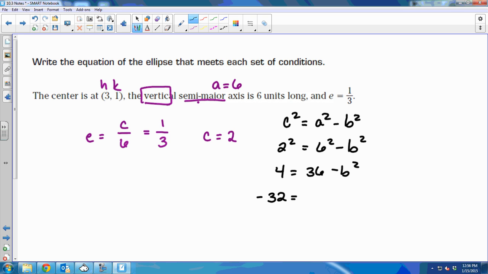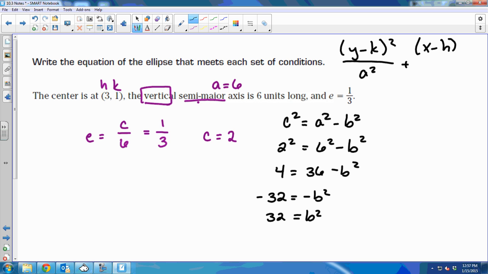So negative 32 equals negative b squared, so 32 equals b squared. So I'm going to write my equation for a vertical ellipse. So would they have to do B and not A? They could, but not in this situation. You wouldn't have enough information to figure it out.